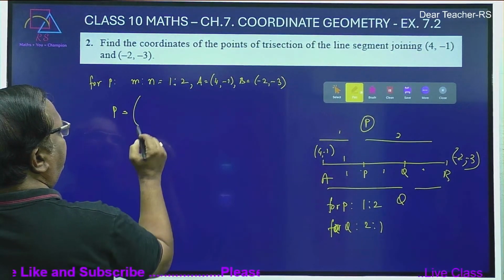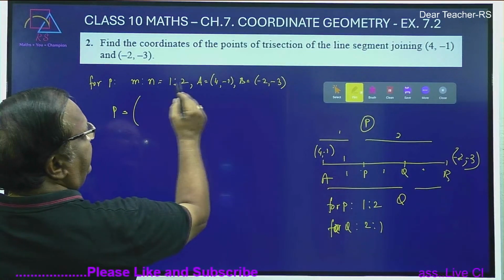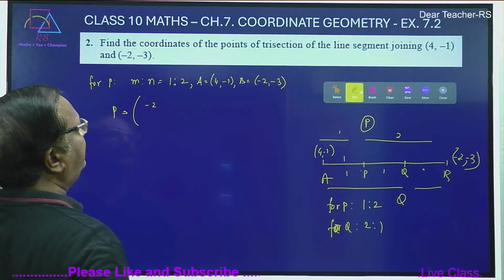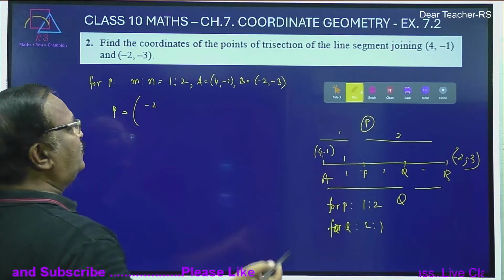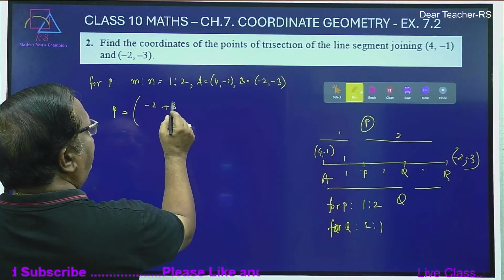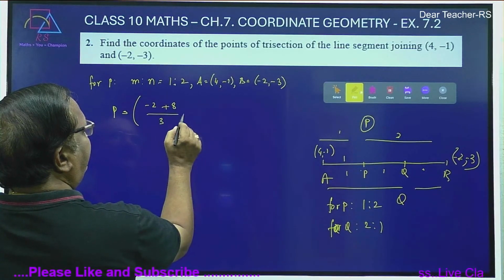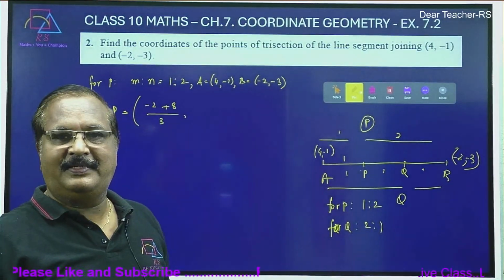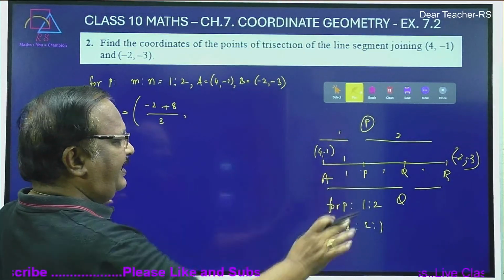P is equal to mx2, m into minus 2, that means 1 into minus 2, minus 2, plus nx1, n is 2, x1 is 4, 2 4s are 8, by 1 plus 2, 3. I have written directly because I have a space problem, so that you can see the entire problem.